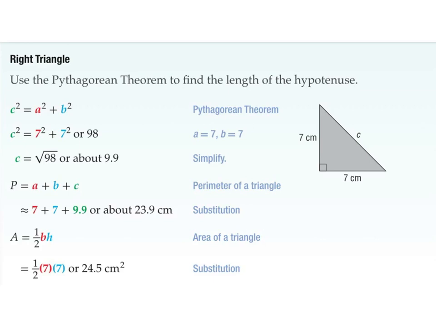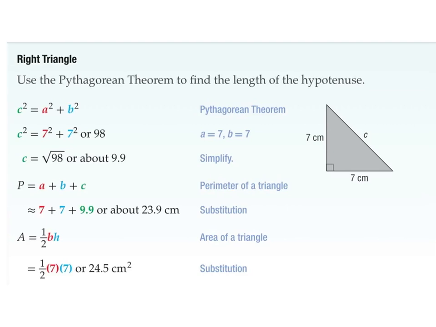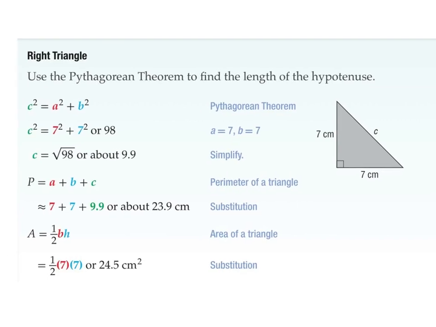So now we come to the solution. As you can see, the first thing that they always do is quote the formula. The formula is already there for you, so make sure that you quote the formula. So the formula is c squared equals a squared plus b squared. Make sure you quote the formula.